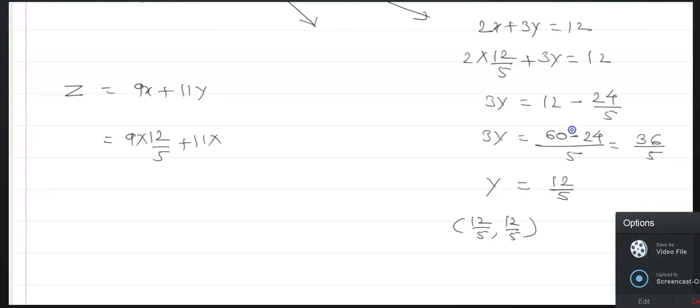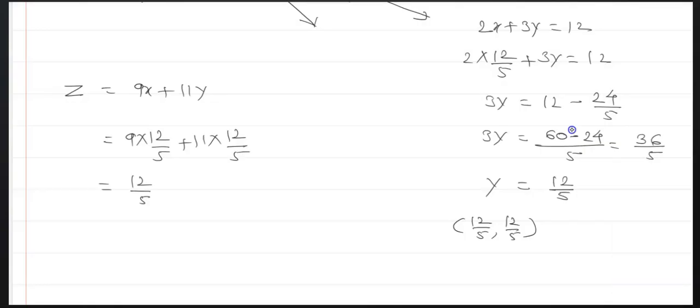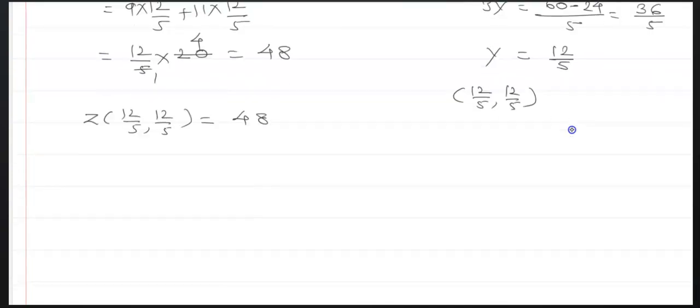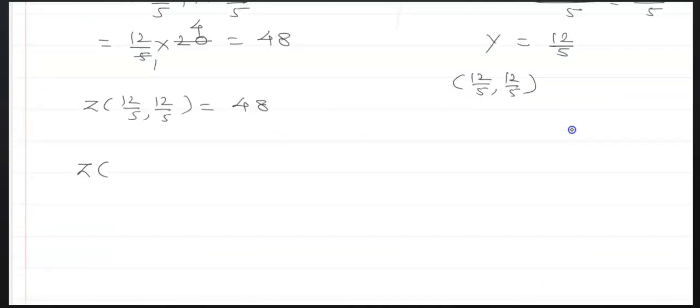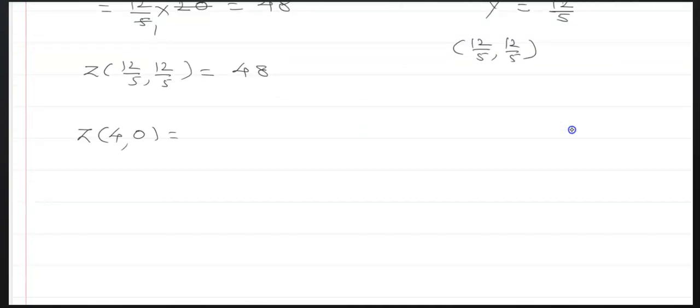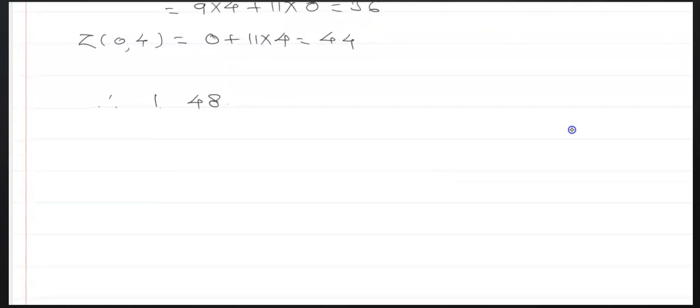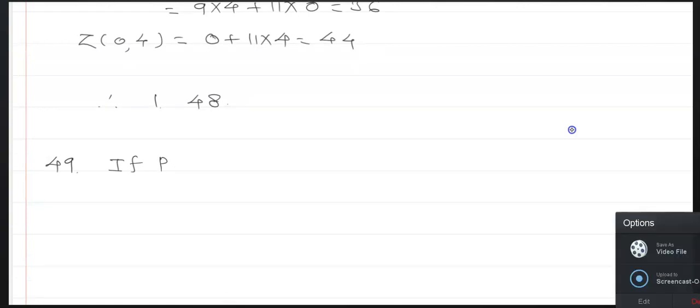Both of them have the same value. We'll calculate Z is equal to 9x plus 11y, that is equal to 48 at (4, 0). Its value is 9x plus 11y, at (0, 4) it is 44, and hence option 1 is the correct one, which is 48.